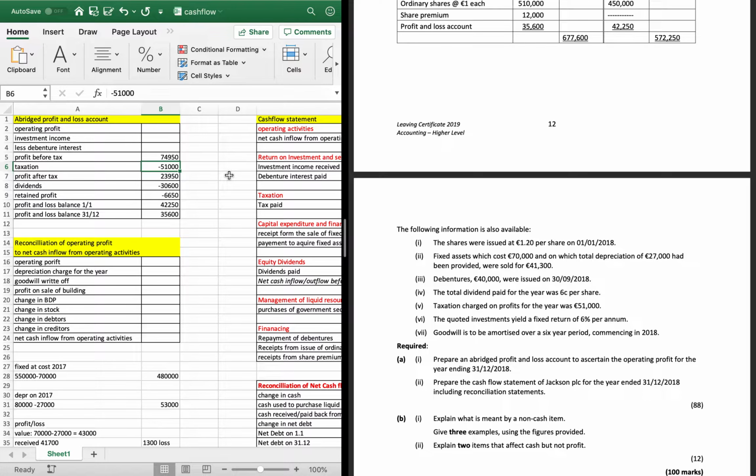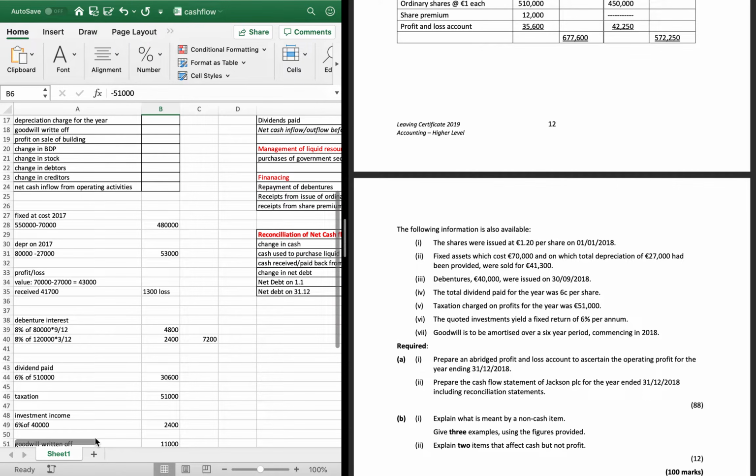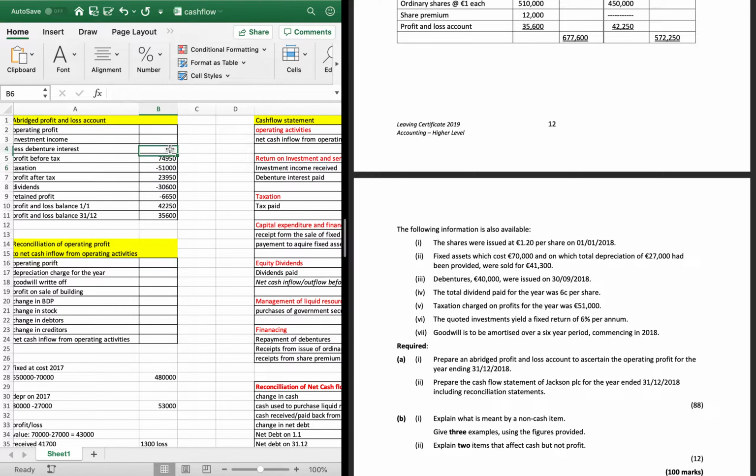Then your last two, which are debenture interest and investment income. Well, we did the debenture interest. We worked out that the debenture interest for the year is 7,200 and the investment income is 2,400. So we take away debenture interest, so minus 7,200, and investment income is a plus. And then, of course, to work backwards, you're doing the opposite.